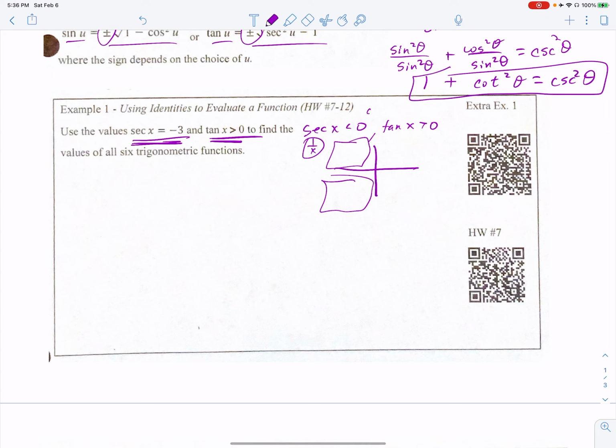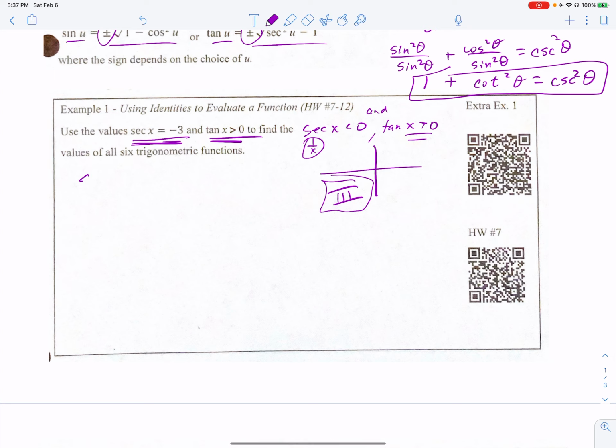But if you combine that with the fact that tangent has to be positive, tangent's not positive in quadrant 2, but tangent is in quadrant 3, so it's going to be quadrant 3 because that is the one quadrant where secant is negative and tangent is positive.